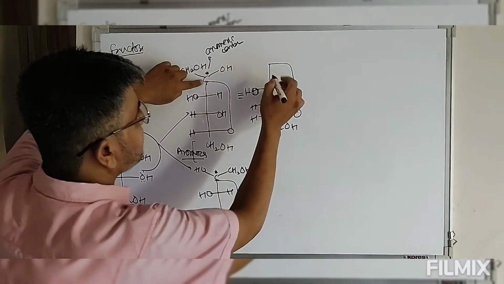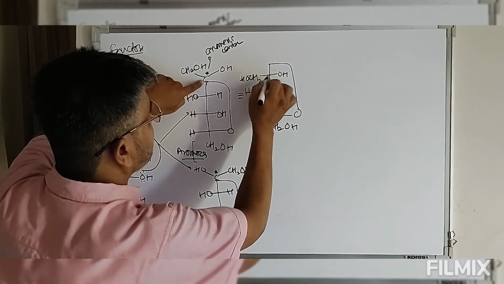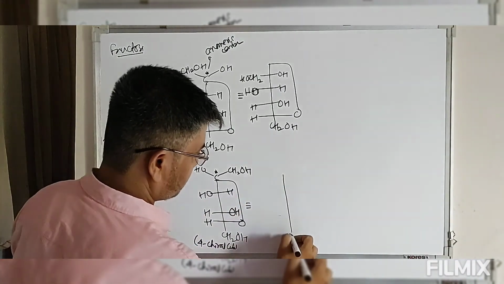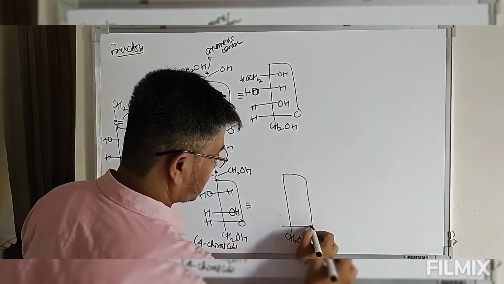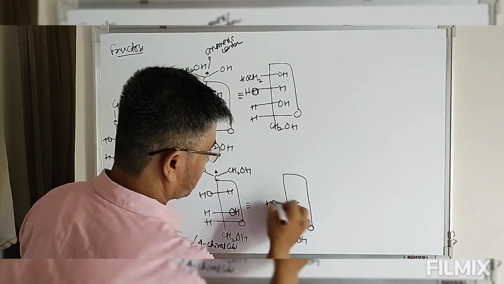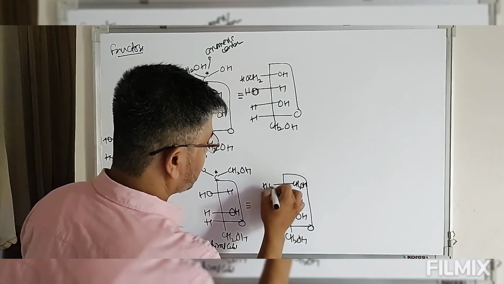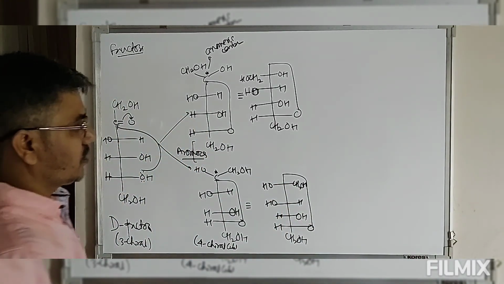Now OH is on the right hand side, so we place it here. This is OH, CH2. The other one is CH2OH, with OH on the left hand side.